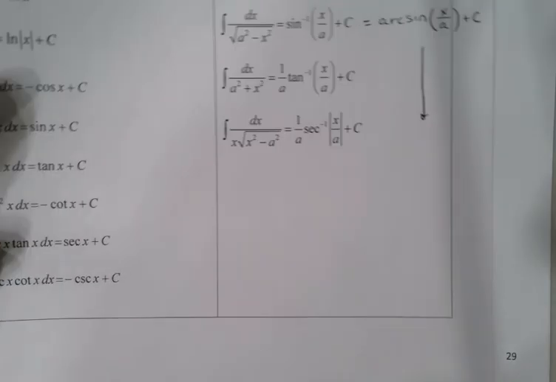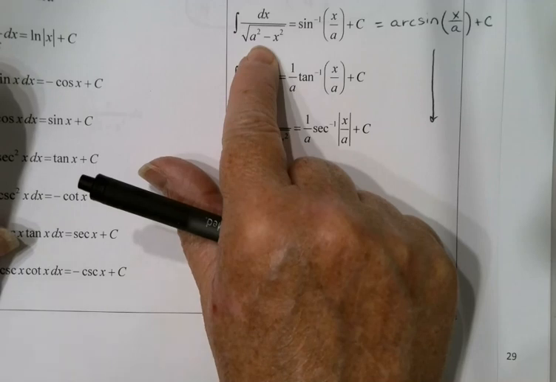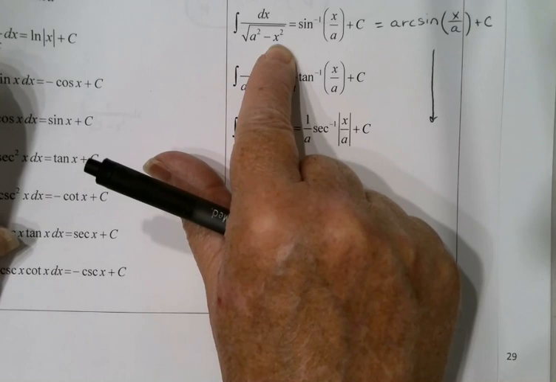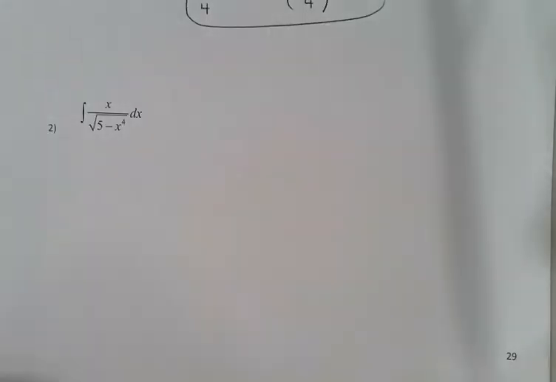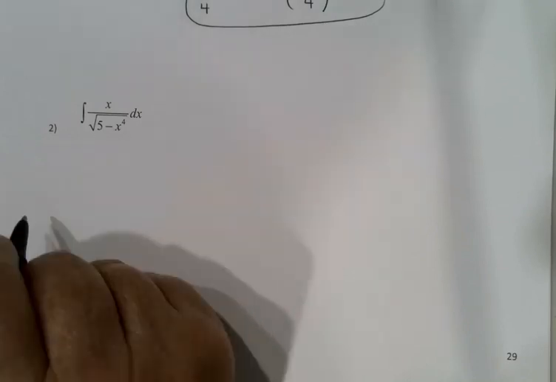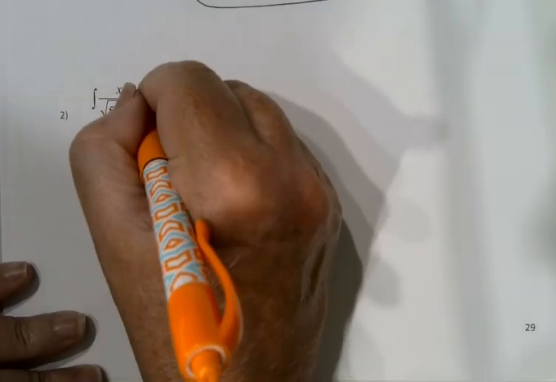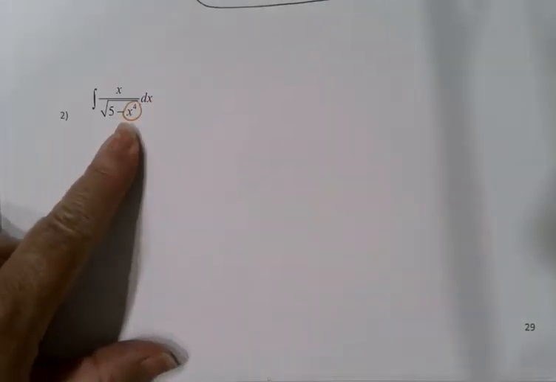So as I compare here, I think it's probably going to be closest to this one, the constant minus the x squared. Let's see if we can get it to match that form exactly. In order to do that, the first thing I'm going to do is try a u-substitution. Now this is going to be a really special u-substitution. Specifically, in order to use the formula, I need that term to be something squared.